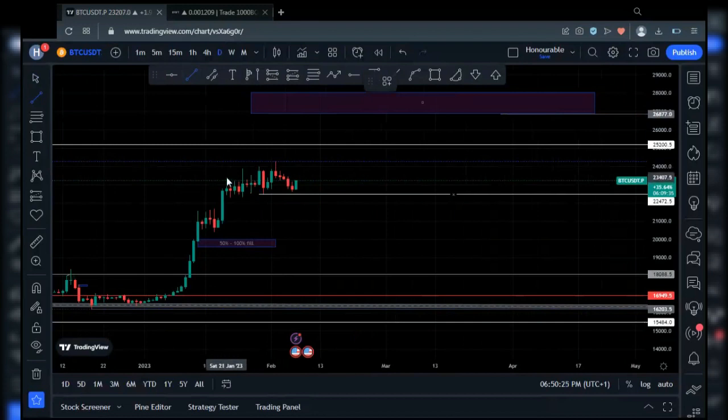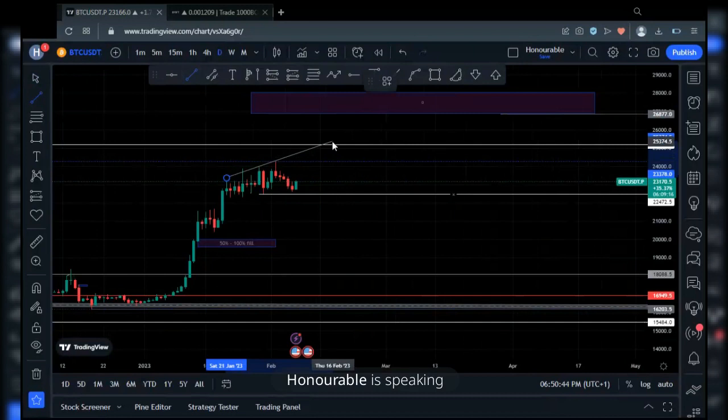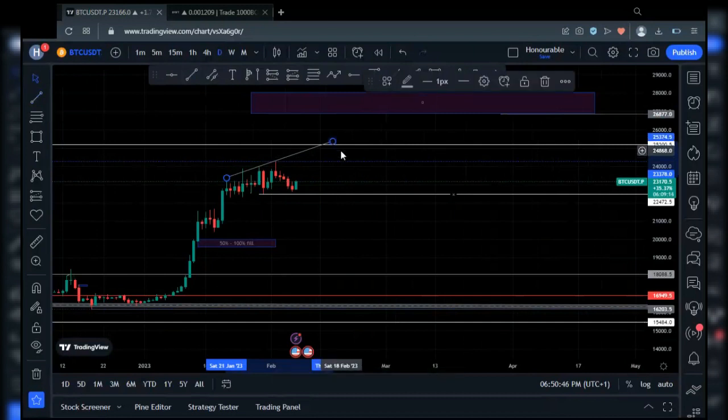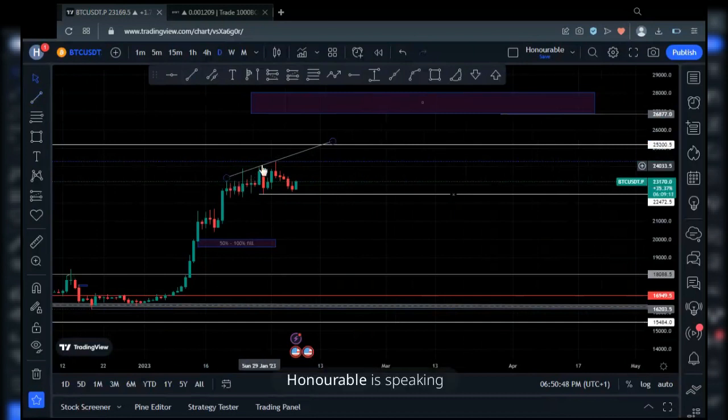You see these points, you can see price trending. But if you take it from here, you see it goes this way. But if you take it this way, this is what you get. This is a valid trend. You see the first touch, 1, 2, 3.